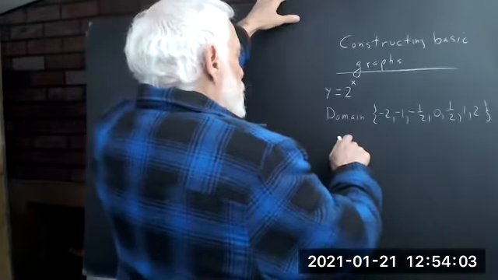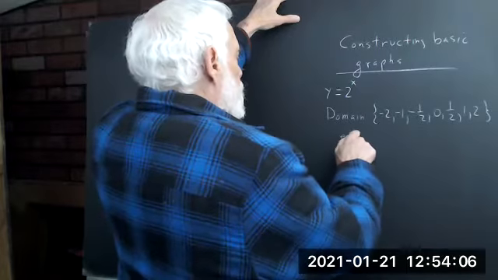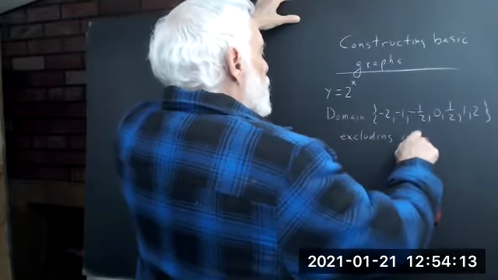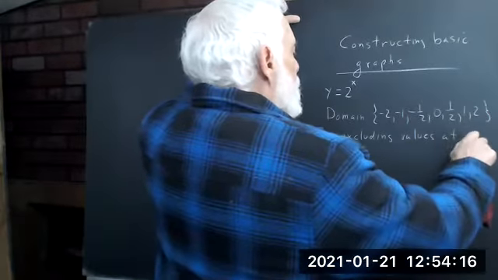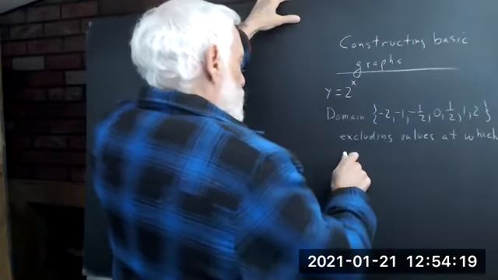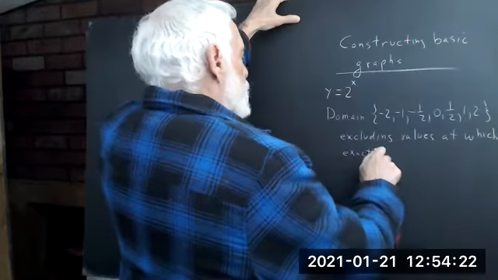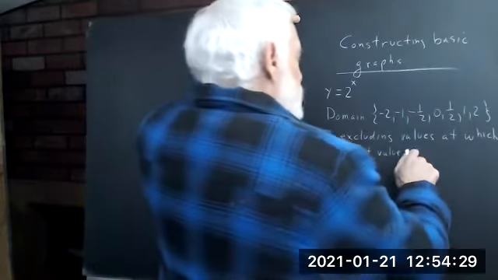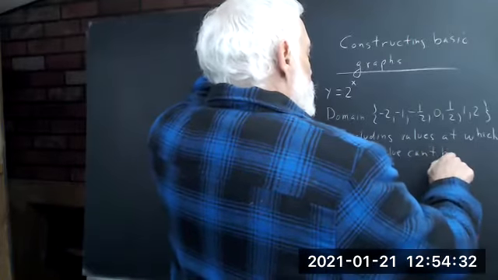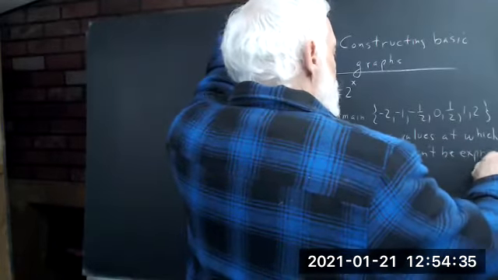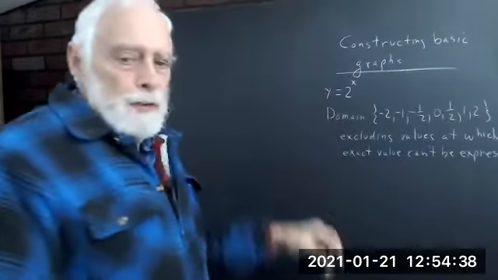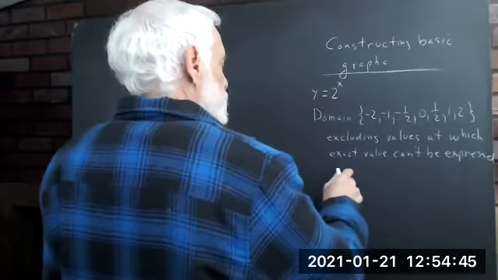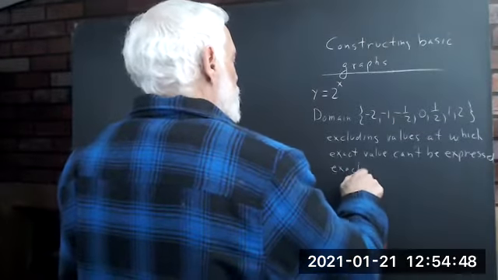But the domain excludes values at which the exact value can't be expressed exactly.